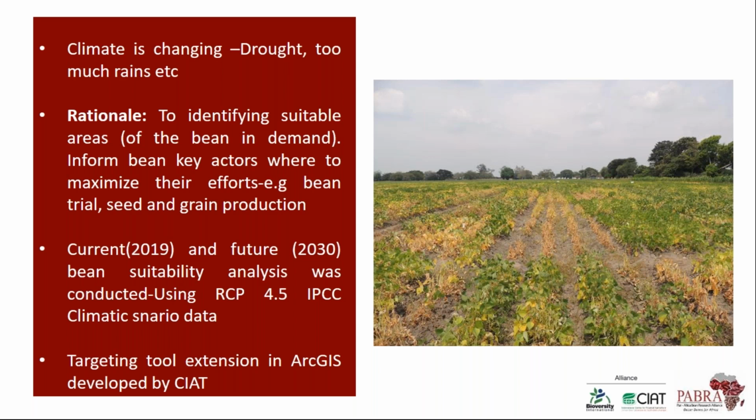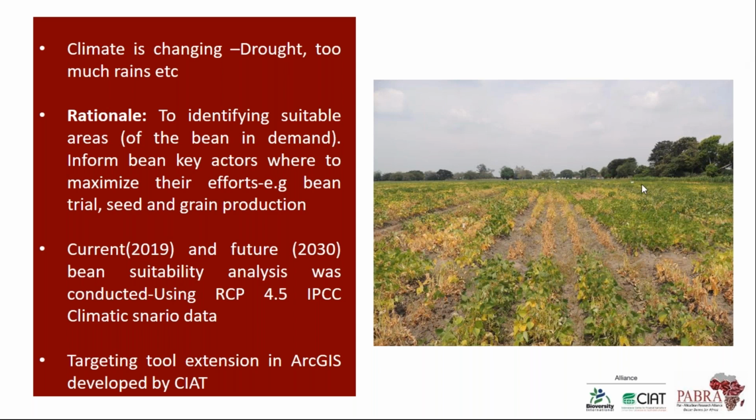We mapped the current bean suitability, and this was conducted around August last year, 2019. Then we also did the future bean suitability analysis, and the data used was from the RCP 4.5 of the IPCC climatic scenario data.